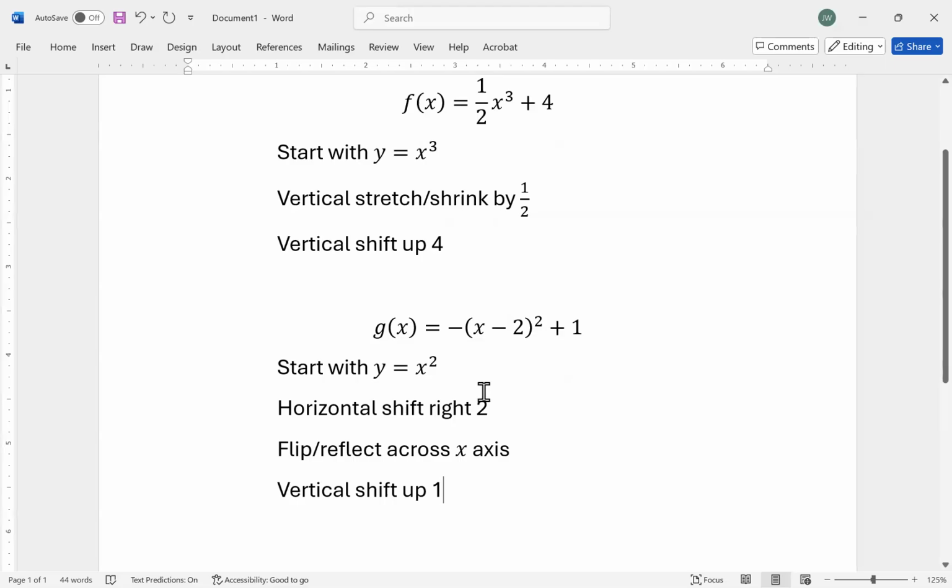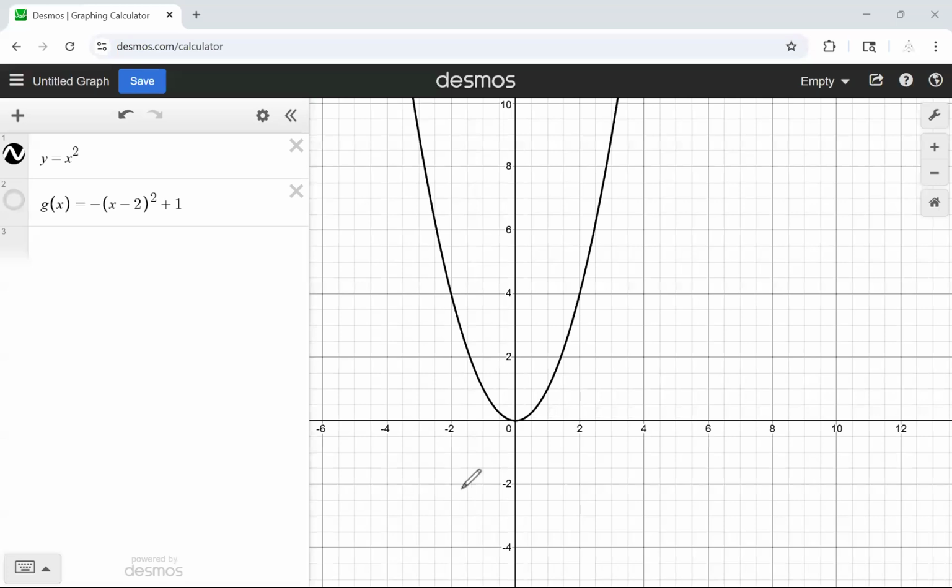Let me just do one of these. I'll do this second one since it has more operations. So here's my base function. And what I would do is I'd move the whole thing right 2 units, like I said, if I was drawing this by hand. So I'd move it right 2 units and I'd get a parabola in that kind of spot, right?